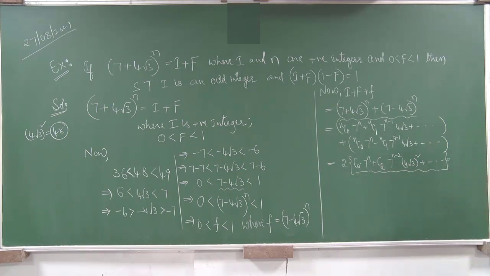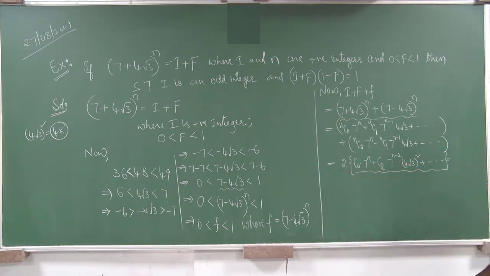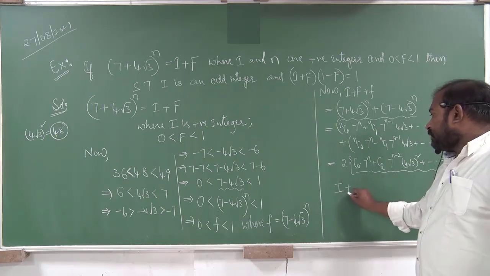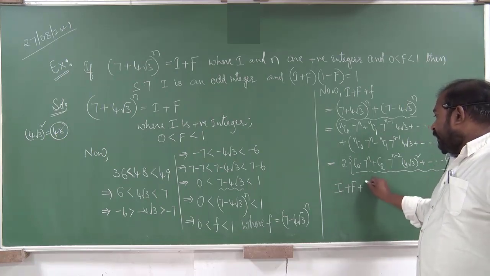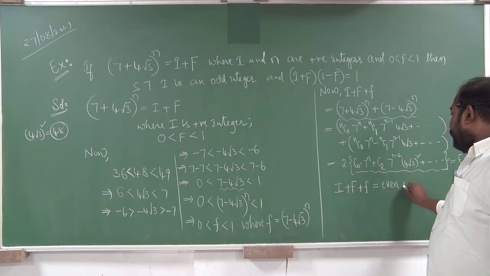So this is the total integral value, one integral value into 2. What is the total value you will get? An even integer. So I plus capital F plus small f is equal to some even integer.